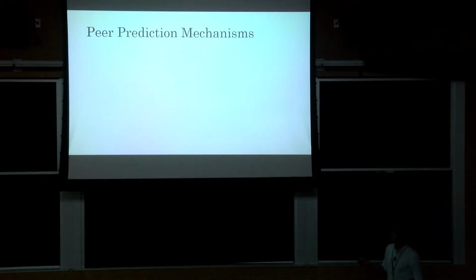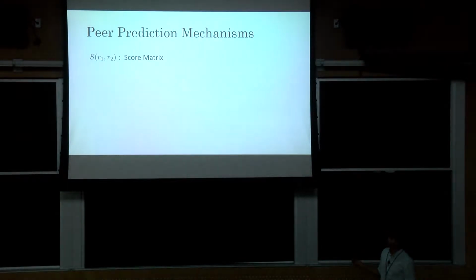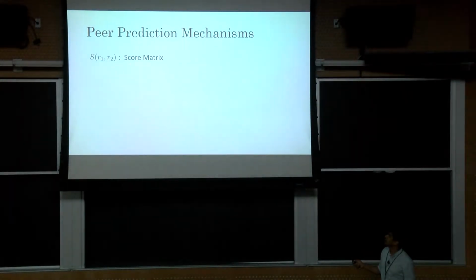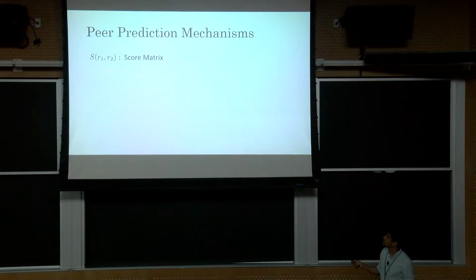For all these kinds of settings, we want to design a peer prediction mechanism. Let me start with a very basic mechanism. I will use this notation to score reports of two users, where R1 is the report of user 1 and R2 is the report of user 2.